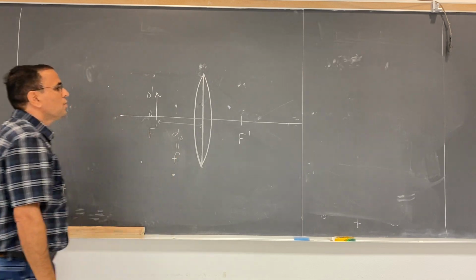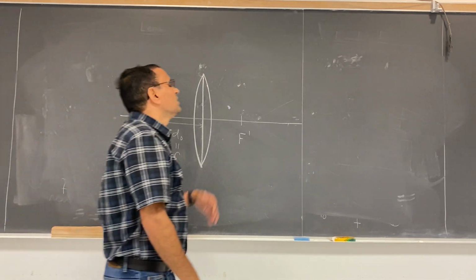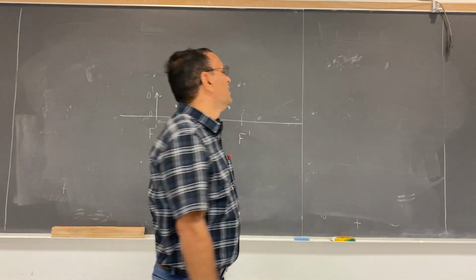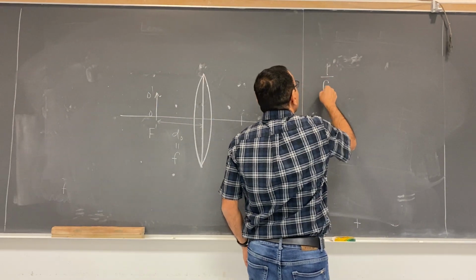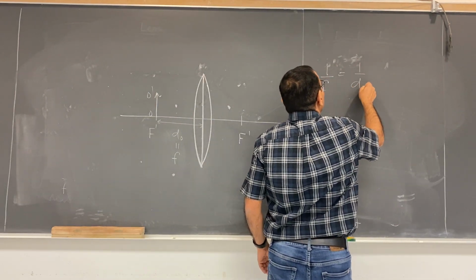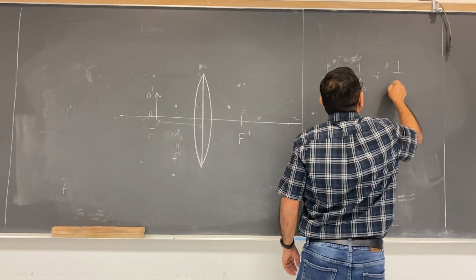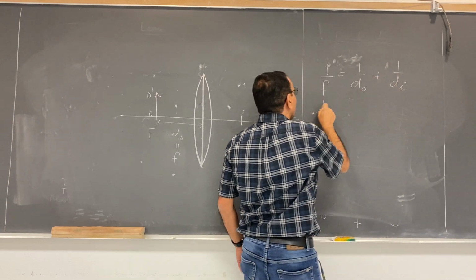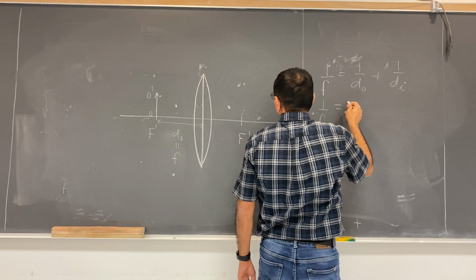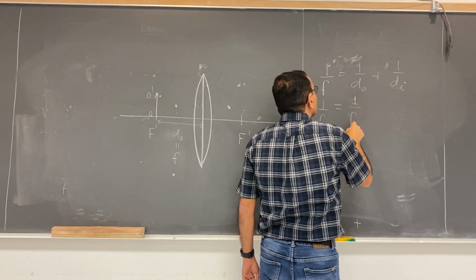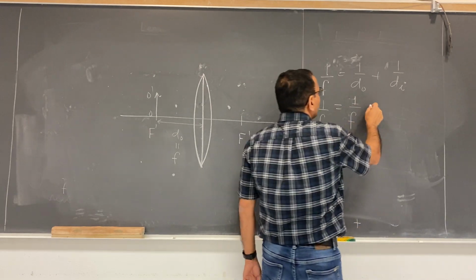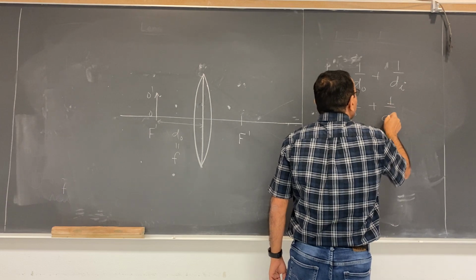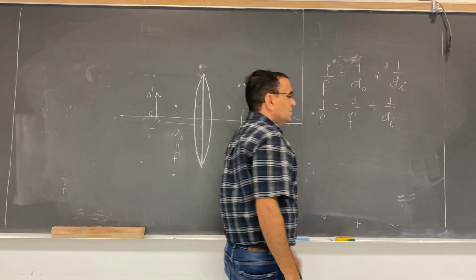Object distance is equal to focal length. Now use this equation, 1 over f equal to 1 over d sub o plus 1 over d sub i. Here d sub o is equal to the focal length, so 1 over f equal to 1 over f plus 1 over d sub i.